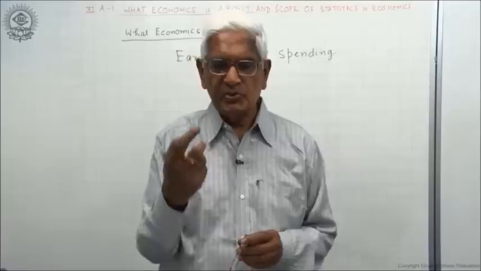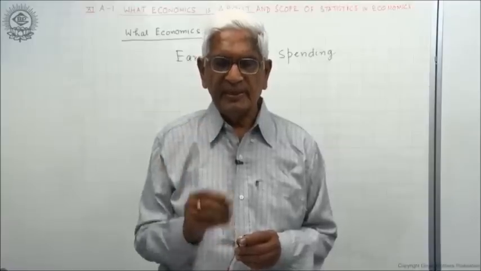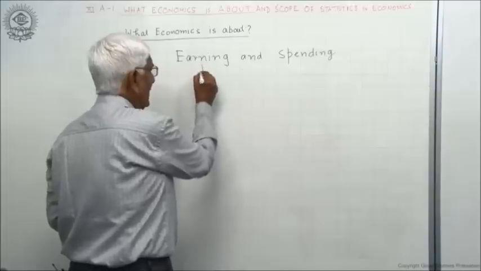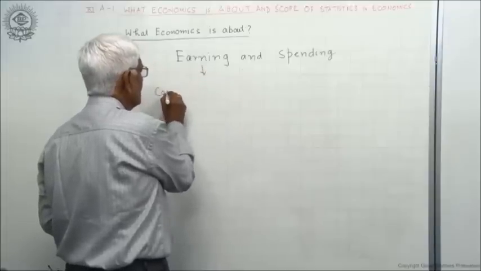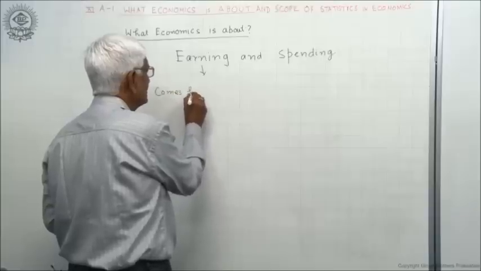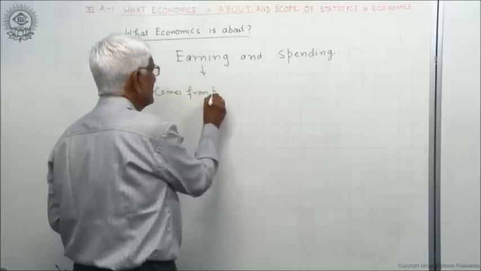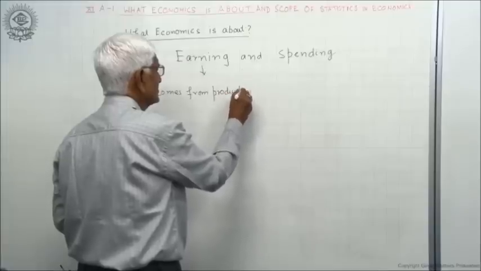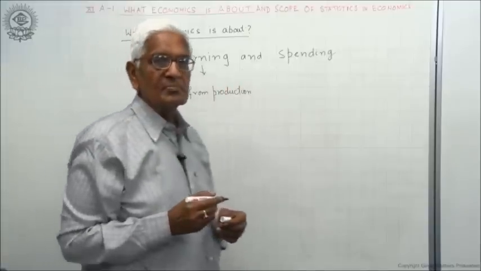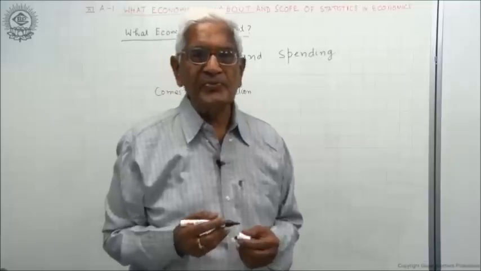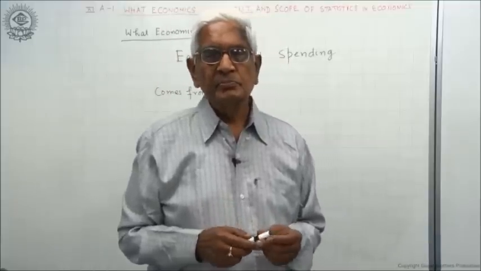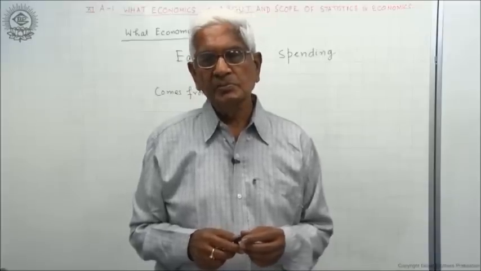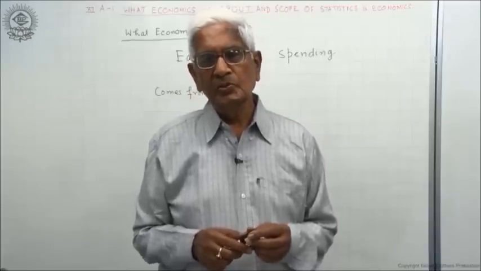Let me explain these two terms in a little more detail. Earning comes from production. आप कहीं ना कहीं काम करेंगे, ऑफिस में, फैक्ट्री में, अपना काम करेंगे, मैकेनिक हो, कुछ भी हो.